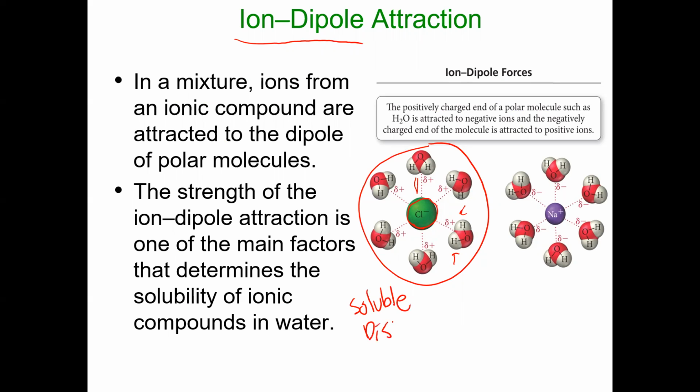You've heard these terms all along: solubility rules, dissolving. I even refer to it as solvation. Why is it solvation? The surrounding solvent is surrounding the ion. Well, over here, the sodium ion's positive, so it's surrounded by the partially negative oxygens. So the ion-dipole attraction is even stronger than the hydrogen bonding.